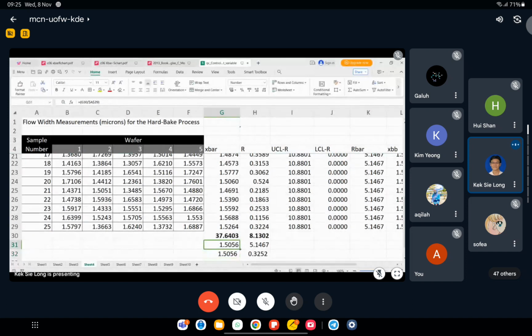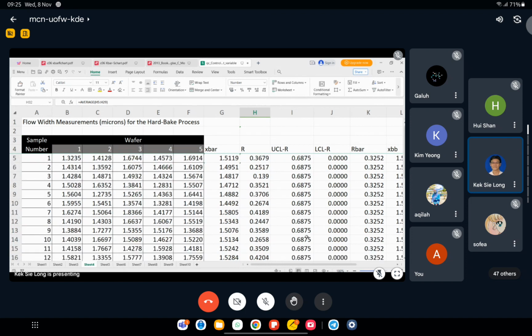When I write it, you see, 25 is fixed there with the dollar sign. If there is no dollar sign, then when I drag the value to the right-hand side, 25 will move to 1.5797. So be careful when we use the value, which value we want to fix. So make sure you put in the dollar sign.